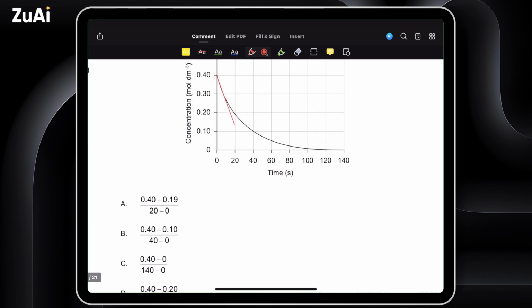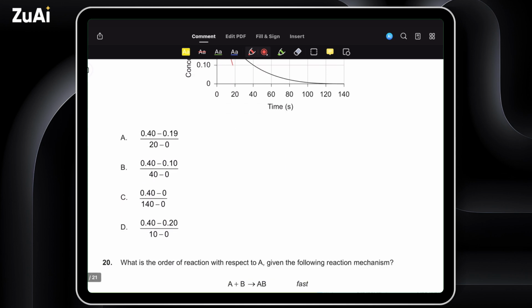Look at this, that's the correct tangent. So that's why this is the answer.